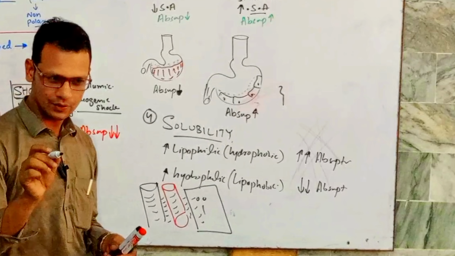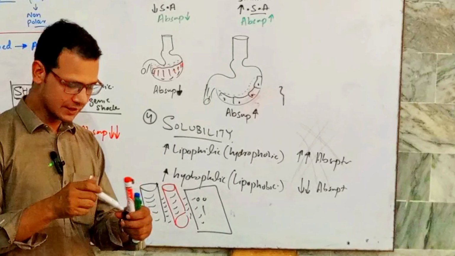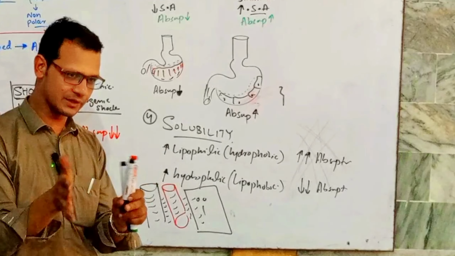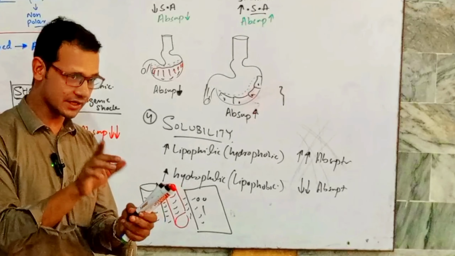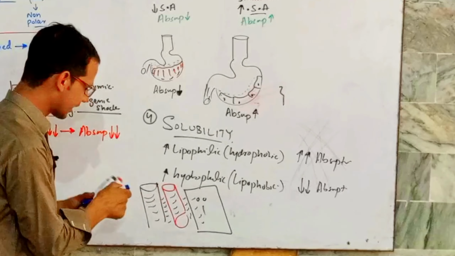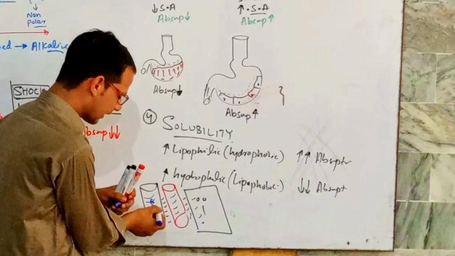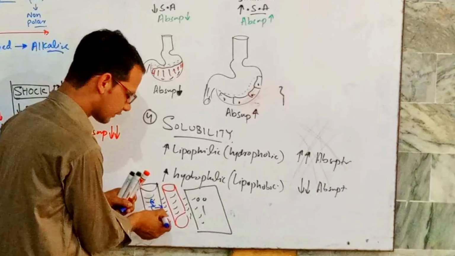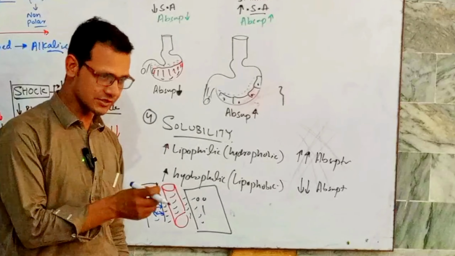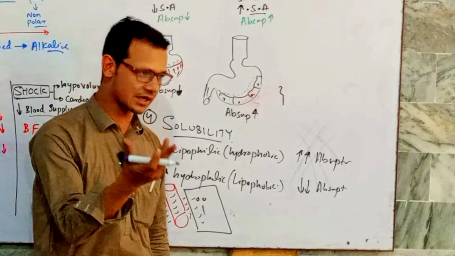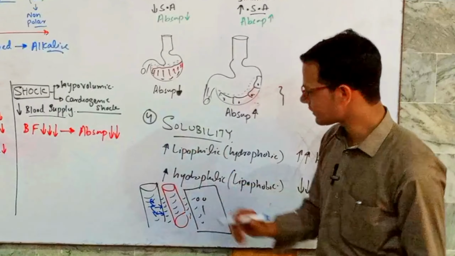So for a drug to be feasible for absorption, some of it must be lipid soluble and some water soluble. If the drug is highly lipid soluble, it cannot stay here in the water environment, it has no contact with cells and it will not be absorbed from here. And this is the reason why all the drugs are weak acids or weak bases, right? So this is the solubility.